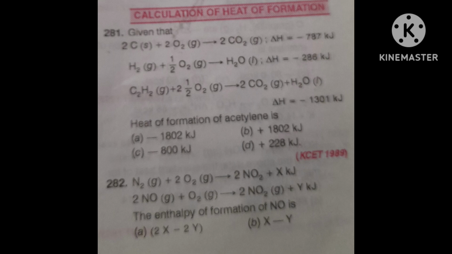Okay. Next question I am telling you. Last class I told you that current gone, but 2 questions I have solved that I will not solve here. Already I have solved.